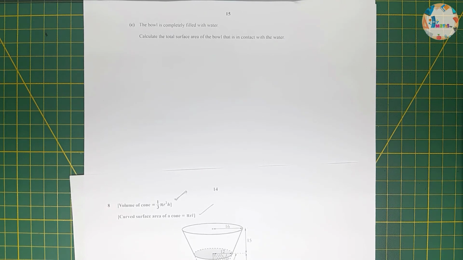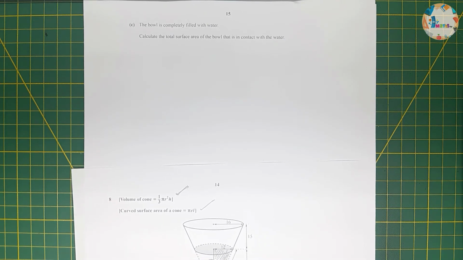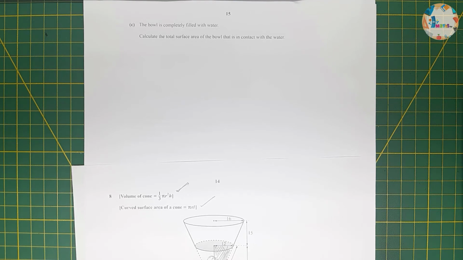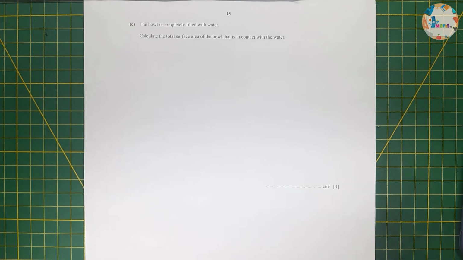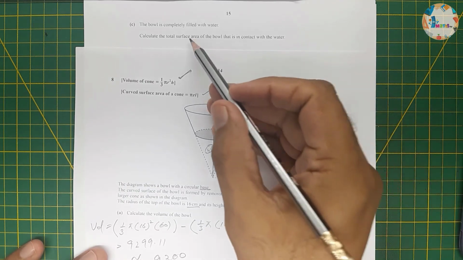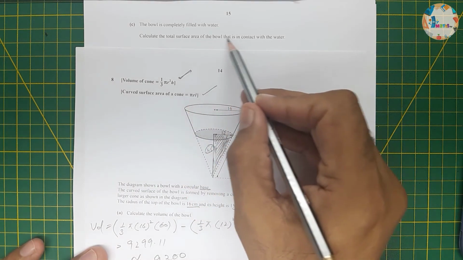Now the C part: the bowl is completely filled with water. Calculate the total surface area of the bowl that is in contact with water. For this question, we are supposed to find the total surface area of the bowl.